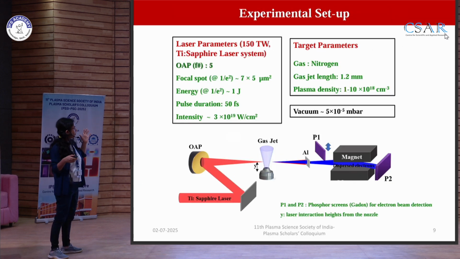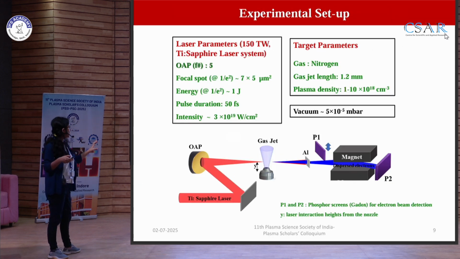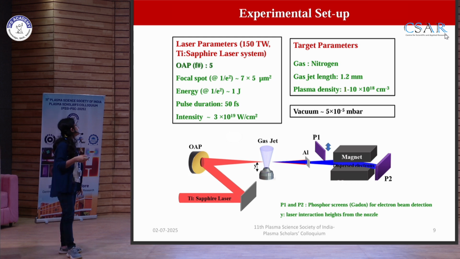Okay, the setup we have used for the experiment. I have used a 150 terawatt titanium sapphire laser system. The laser was focused using a 50 centimeter off-axis parabolic mirror on a gas jet. The gas I have used was nitrogen, and the gas jet length was 1.2 mm. The plasma density I worked in was in the range of 1 to 10 times 10 to the power 18 per centimeter cube.